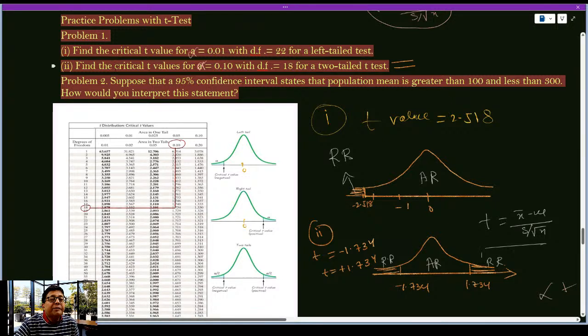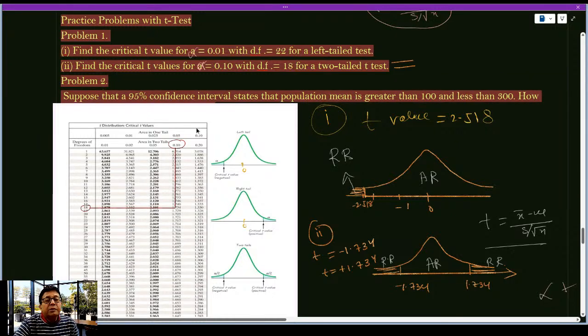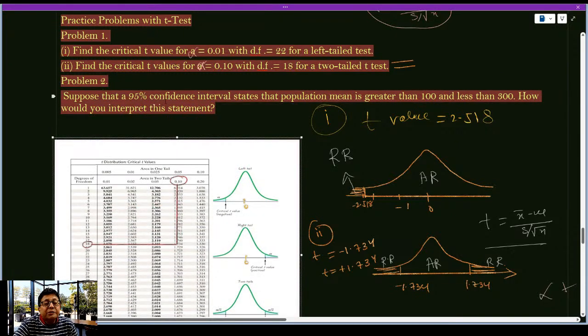Before we start the next problem, let me explain another one. What is that? Suppose that a 95% confidence interval states that population mean is greater than 100, less than 300. How do you interpret this result? Can you say?